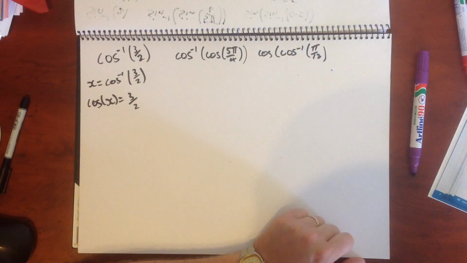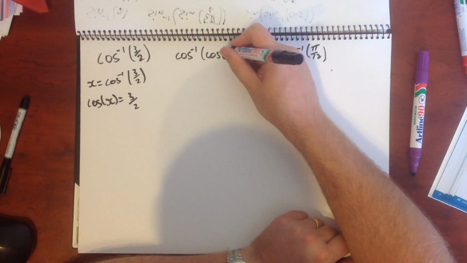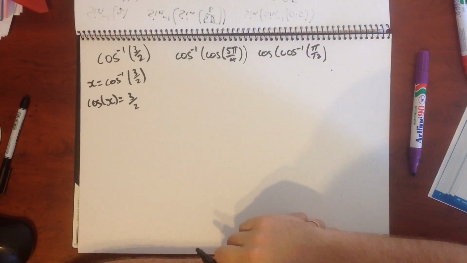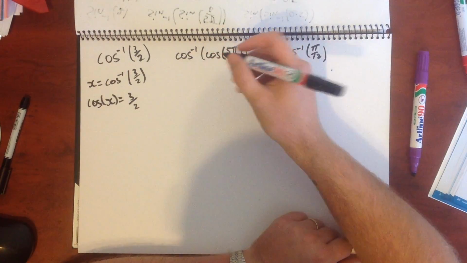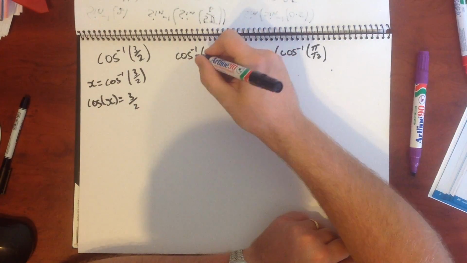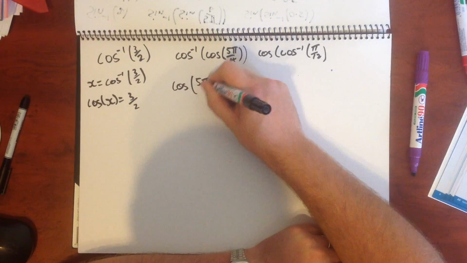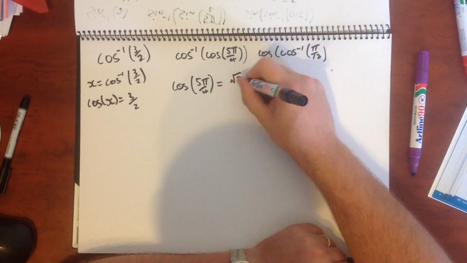For this one we approach it the same way as we did for sine. We need to go, well, what is cos of 5 pi on 4? Because we're in the third quadrant, cos is negative, and cos of pi on 4 is root 2 on 2. So our cos of 5 pi on 4 is negative root 2 on 2.